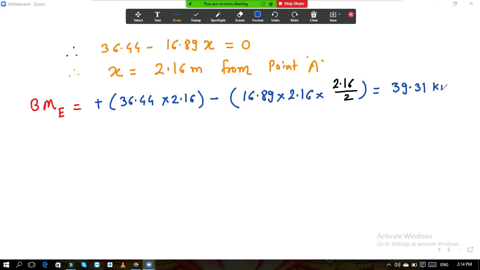Check if any force is remaining or anything is there. So this is the maximum bending moment for flights AB and CD.